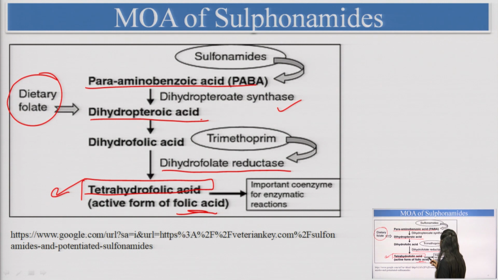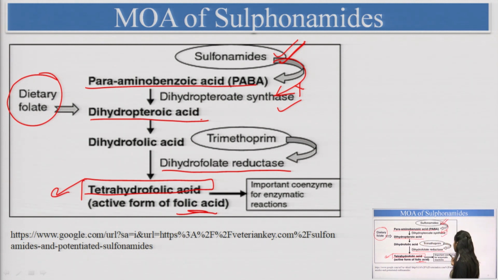Now there are two classes of drugs we can see. One is the sulfonamides. Sulfonamides act on this part, dihydropteroate synthase, and inhibit this enzyme. So what will happen? The conversion from PABA to dihydropteroic acid will not happen.